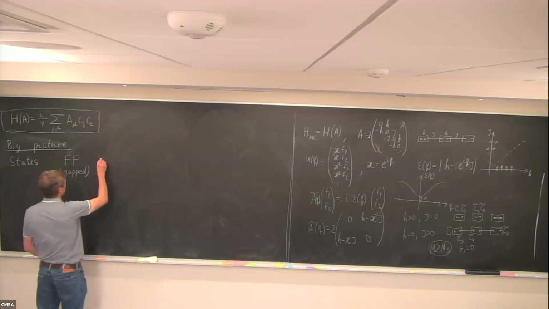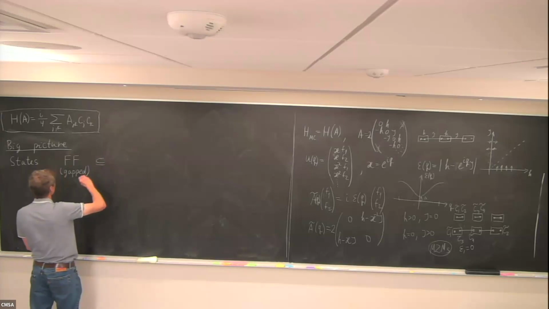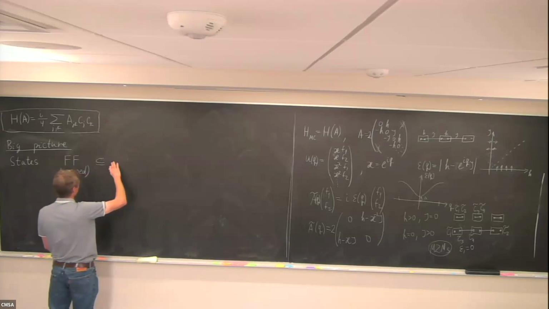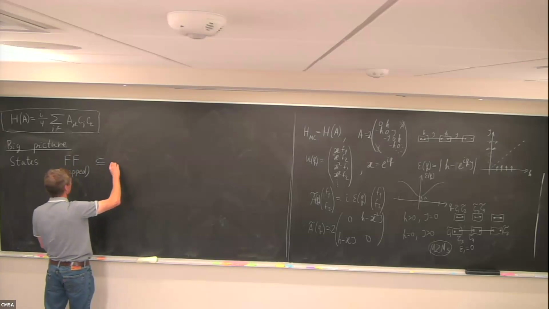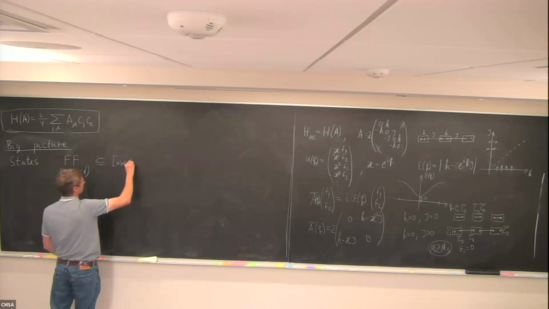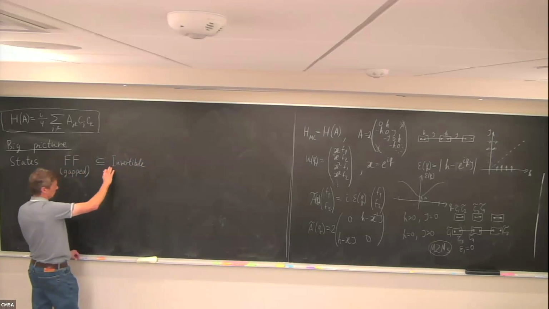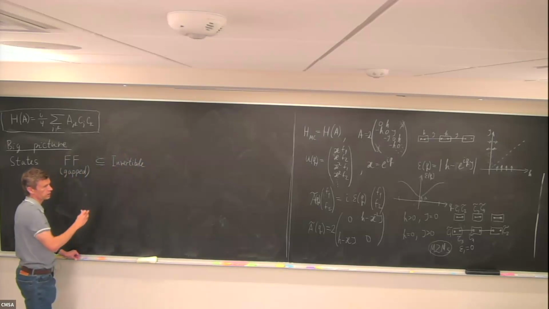And there is a bigger class of systems. I'll explain what's new with those systems. They're called invertible. And in a moment, I'll give a definition of invertibility.